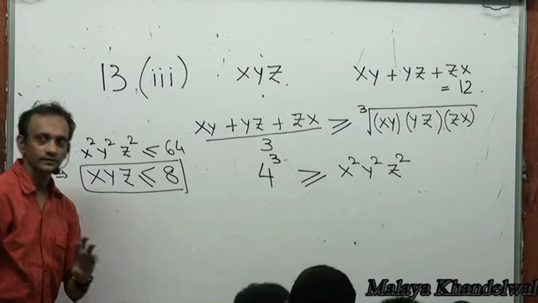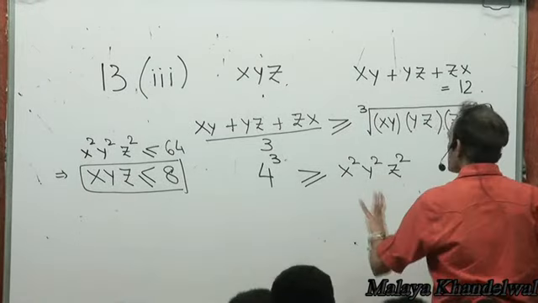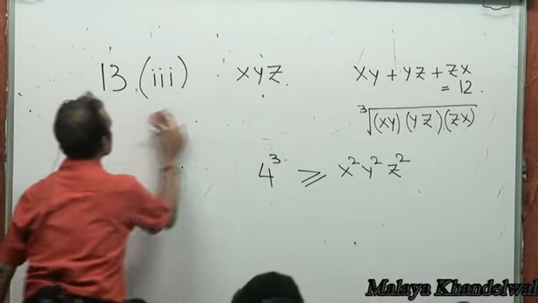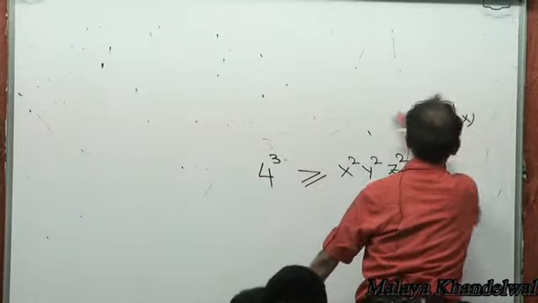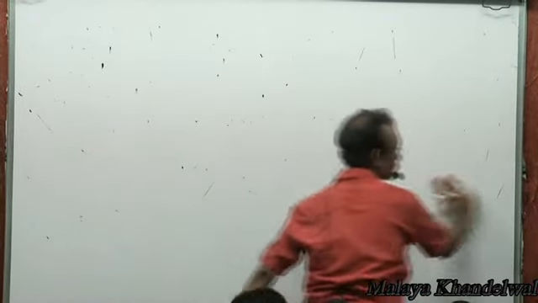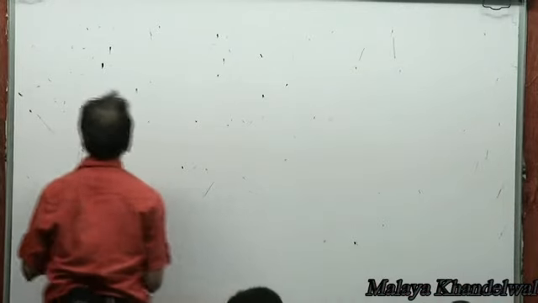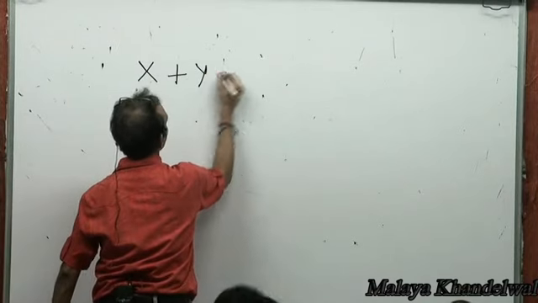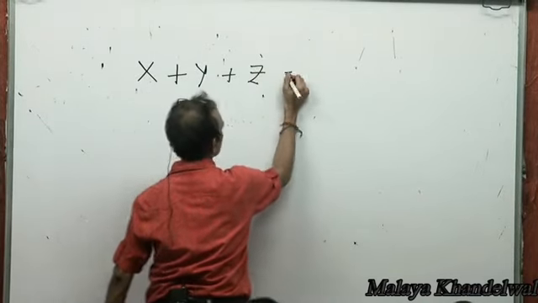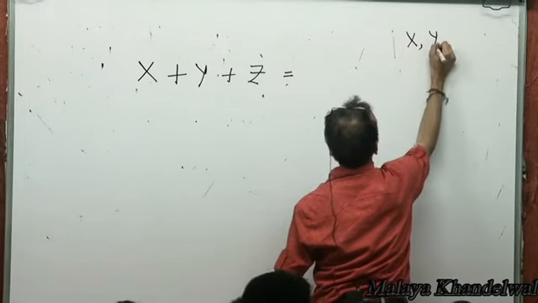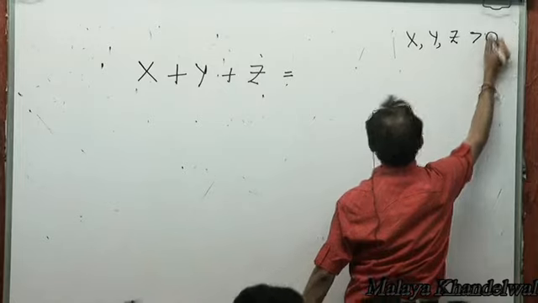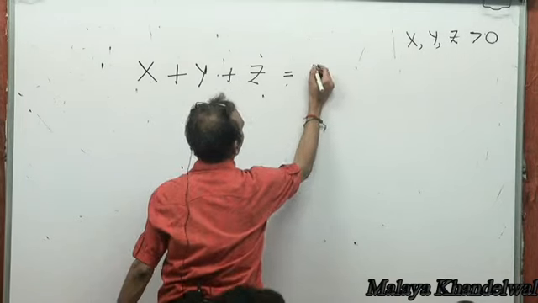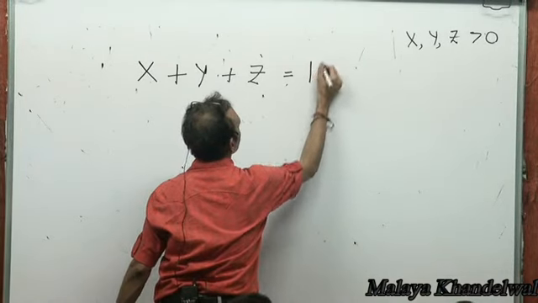Let me change matters a little bit. Can I wipe this off? Suppose I have something like this. Say I give you x, y, z, positive real numbers, and suppose x plus y plus z is, say, 10.